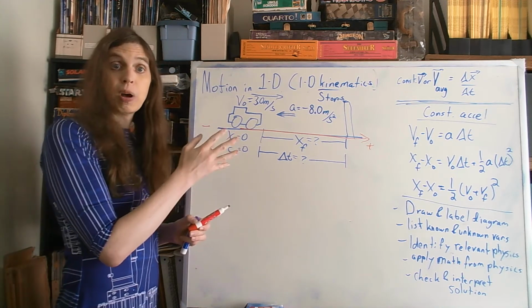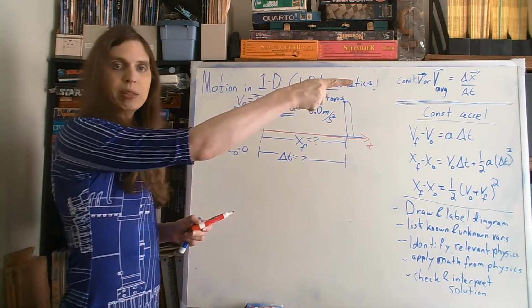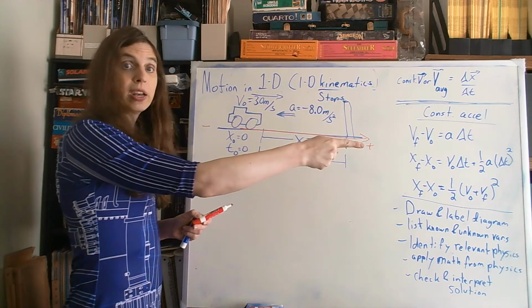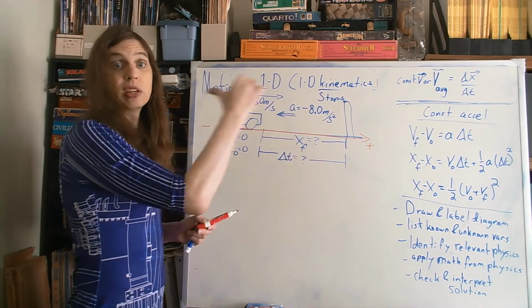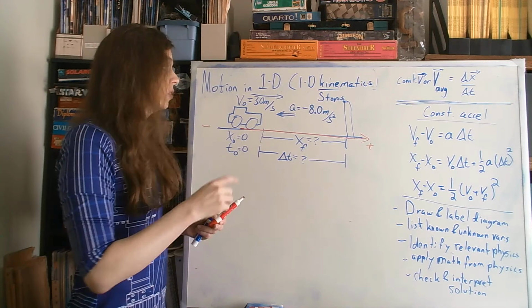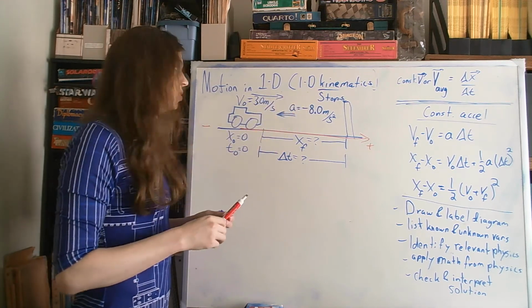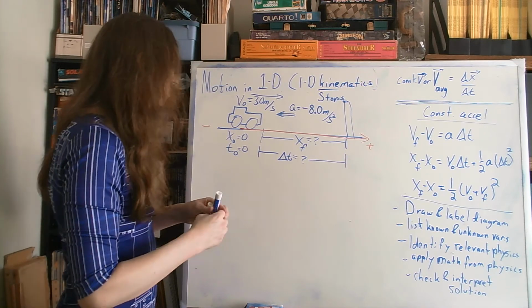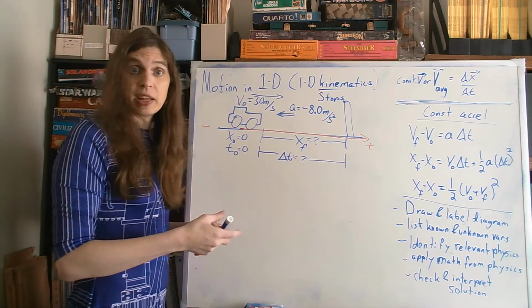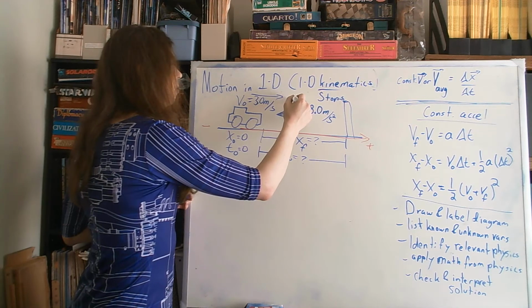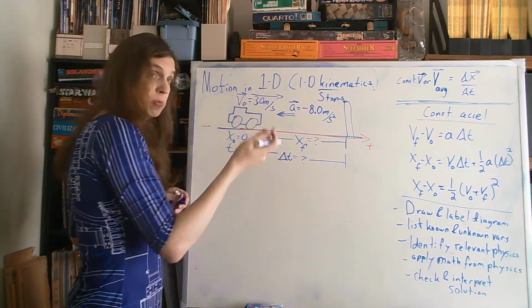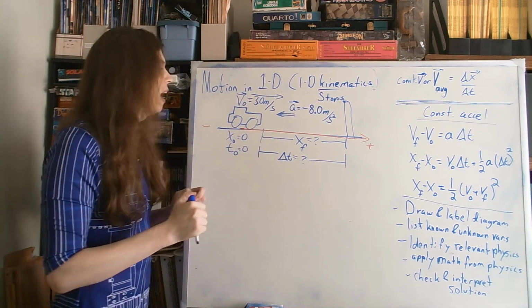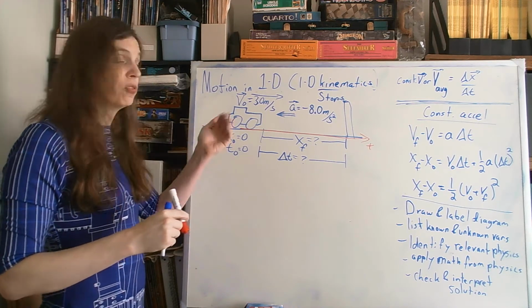So on this problem, the way I've sketched it, everything pointed towards the right of the board is positive, everything towards the left is negative. So that makes acceleration negative since it's going backwards to slow it down, to take that speed away, and the original velocity is forwards.